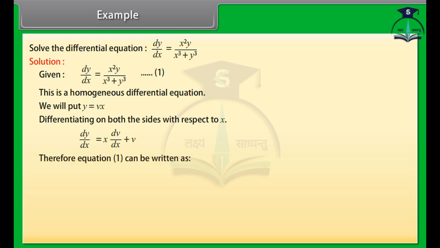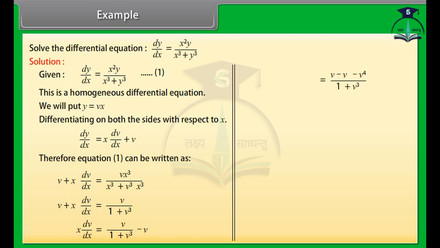Therefore, equation 1 can be written as v + x dv/dx = vx³/(x³ + v³x³). So v + x dv/dx = v/(1 + v³). x dv/dx = v/(1 + v³) - v = (v - v⁴)/(1 + v³).